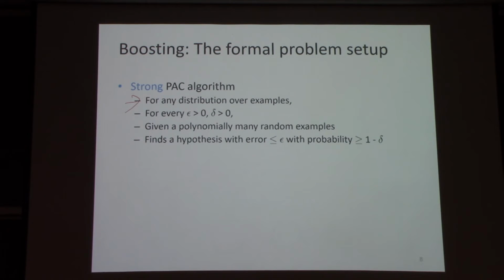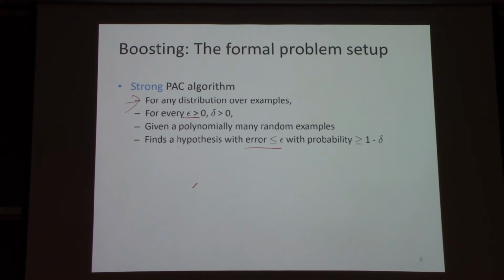So you should be able to get a classifier that's arbitrarily accurate with probability 1 minus delta. It's not always, but most of the time you'll get a classifier that's as accurate as possible. That's a strong PAC algorithm.